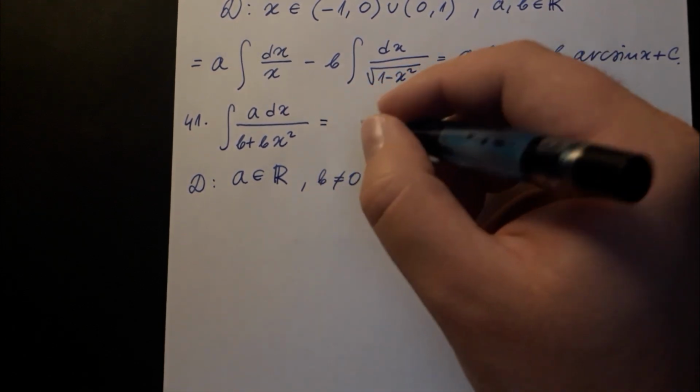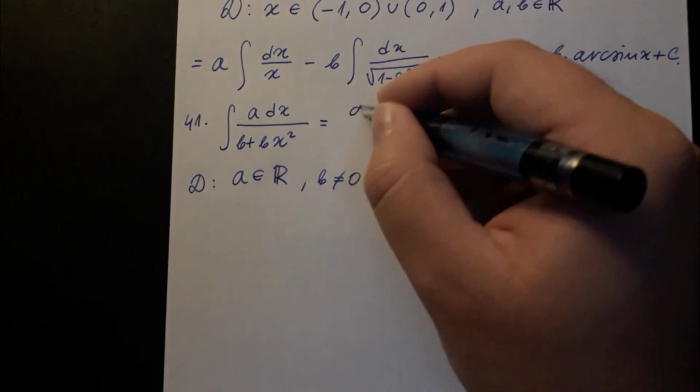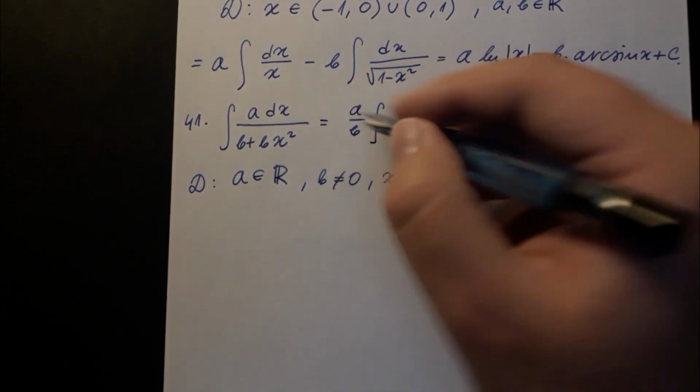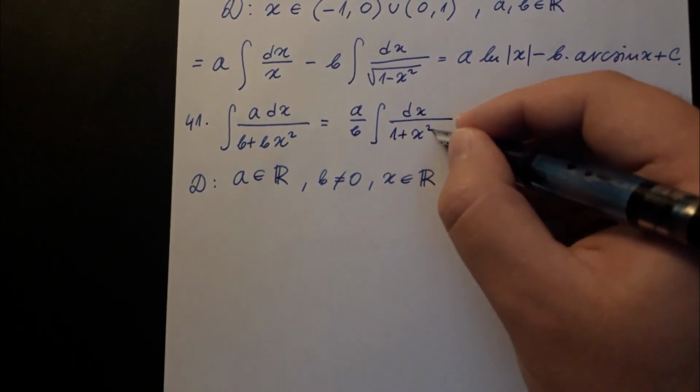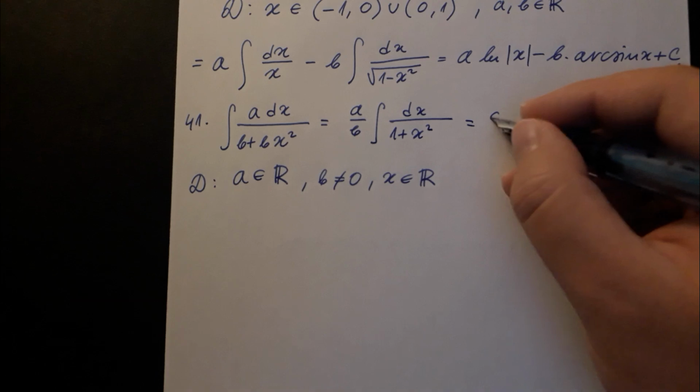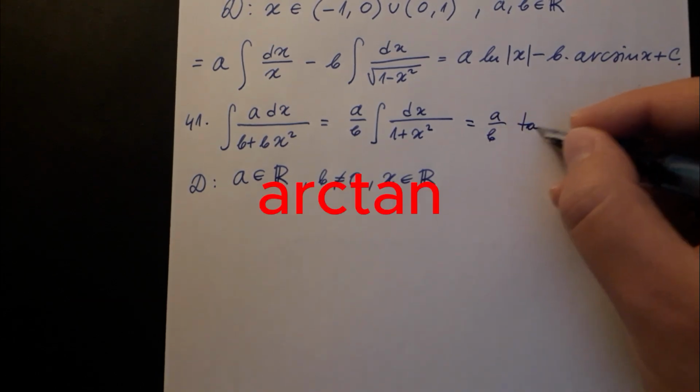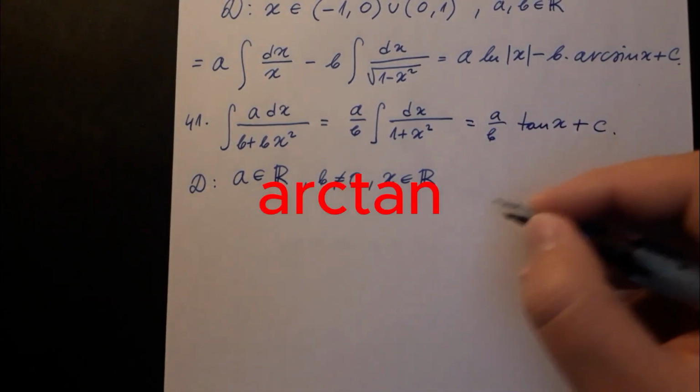This integral is equal to a divided by b integral of dx divided by 1 plus x squared, and this is a over b tan of x plus c.